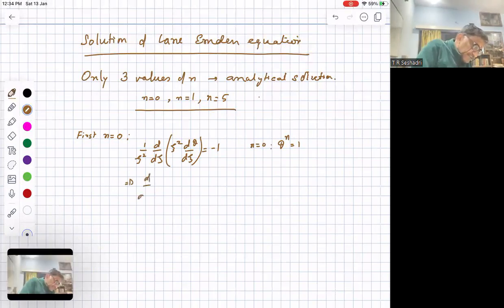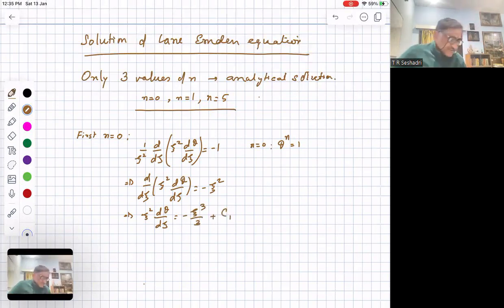This will be d by d xi of xi square d theta by d xi is equal to minus xi square, which implies that xi square d theta by d xi is equal to minus xi cube by 3 plus C1, a constant of integration.